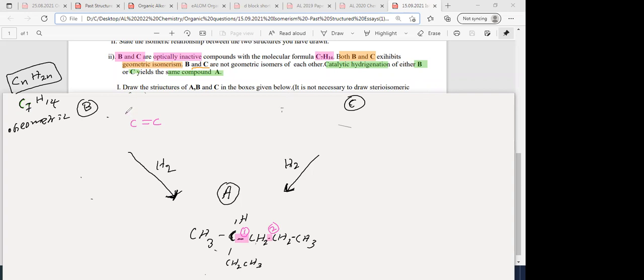Then this becomes CH3. This side you get CH3 group, and the other side you get CH2, CH3. And this side you get hydrogen, and this side you get CH2, CH3.